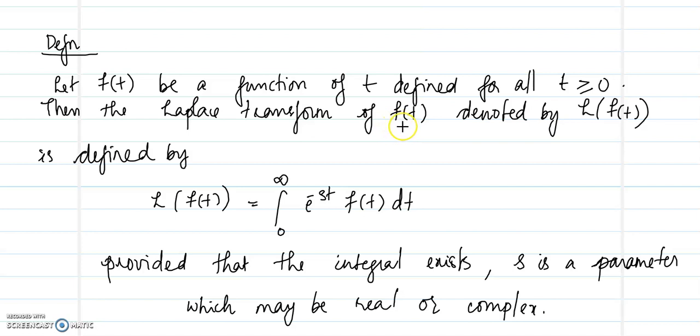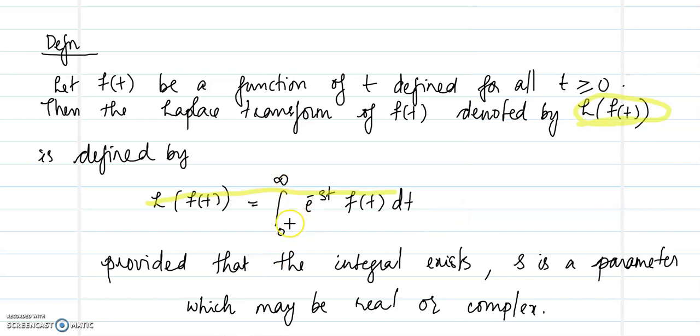Then the Laplace transform is denoted by L of f t. L of f t is integral 0 to infinity e power minus st f of t dt. Provided this integral exists, we say that the function has a Laplace transform, or the value of this integral is called the Laplace transform.